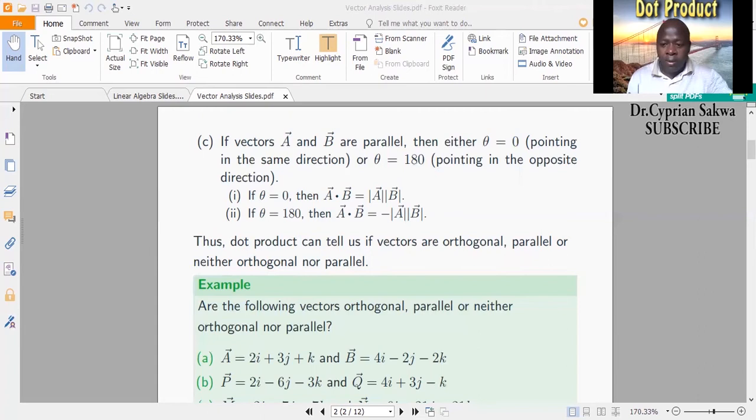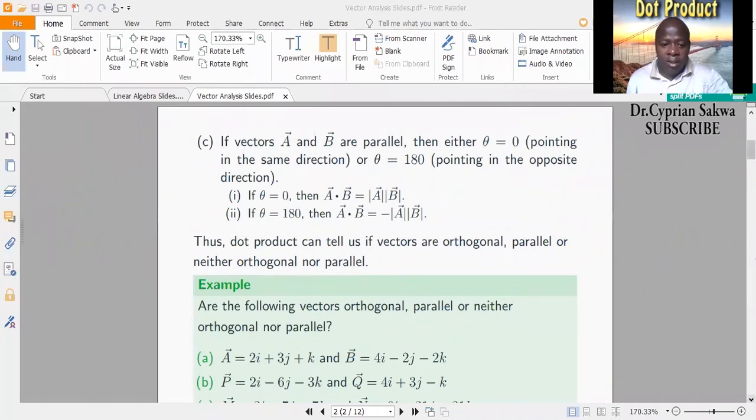Or just find the dot product and see, because if it's 90, the dot product will be 0. If it's parallel and pointing the same direction, the dot product will be equal to this. And if they're pointing in the opposite direction, the dot product will be equal to this. So you can also just use this to determine if they're parallel, orthogonal, or neither.